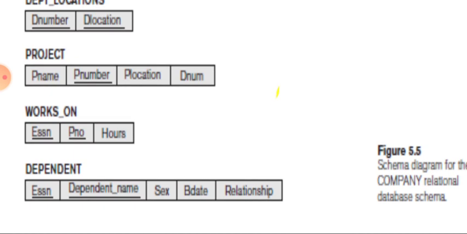And the last relation is dependent, whose attributes are ESSN, dependent name, sex, birth date, that is B date, and relationship. Students, here ESSN is the SSN of the employee whose dependents are there. Dependent name, okay, these are dependents of an employee.